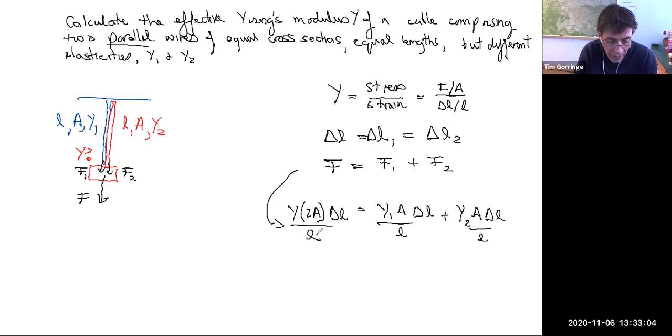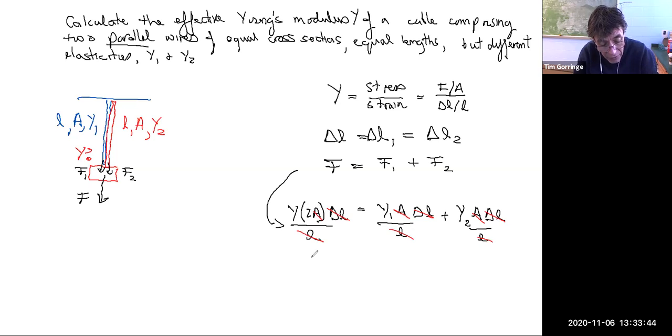Now, if you stand back and look at this formula that we've made, there's a lot of things that cancel. So, for example, in the denominator, the lengths cancel out. In the numerator, the elongations cancel out. And also in the numerator, the areas cancel out. There's A, the area of wire 1, A, the area of wire 2, and 2A is the area of the entire cable.